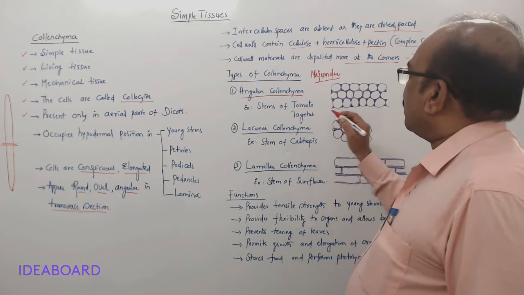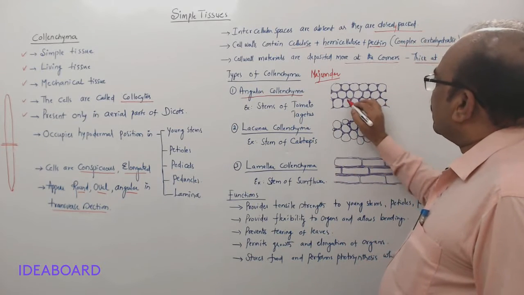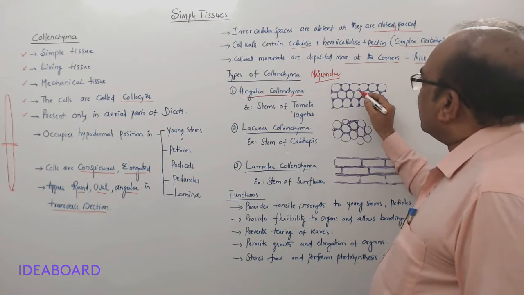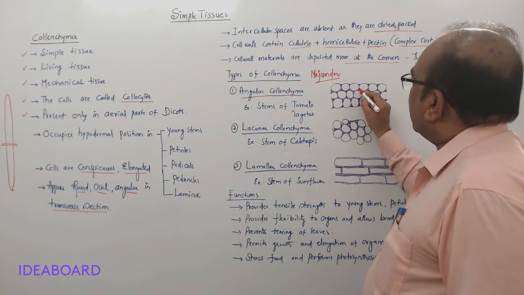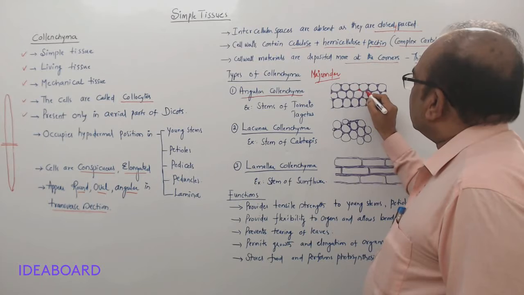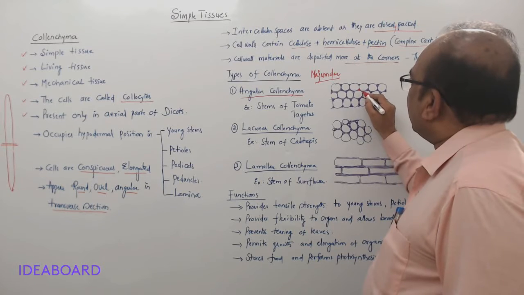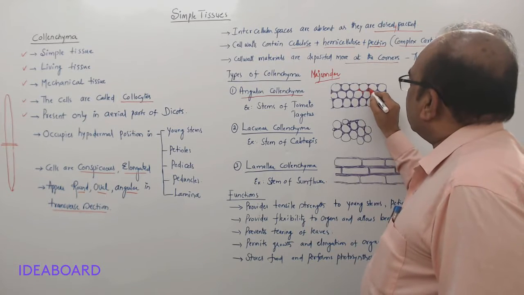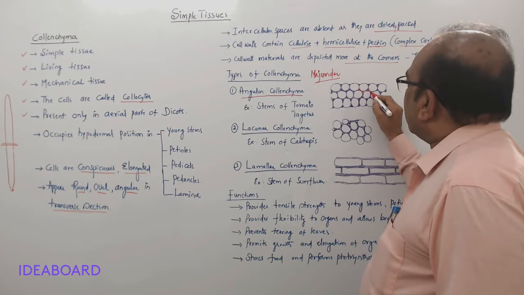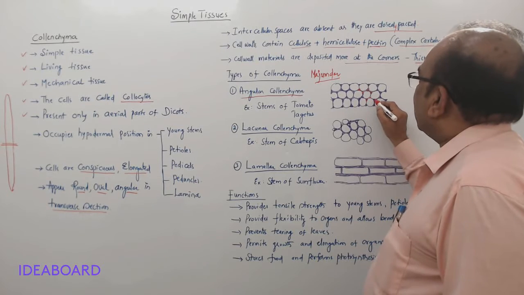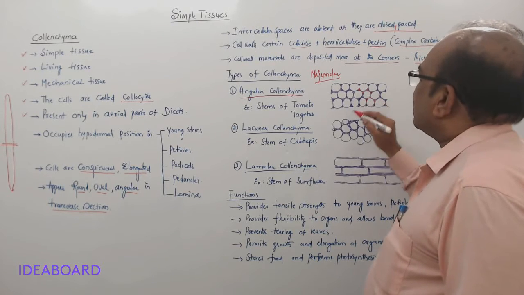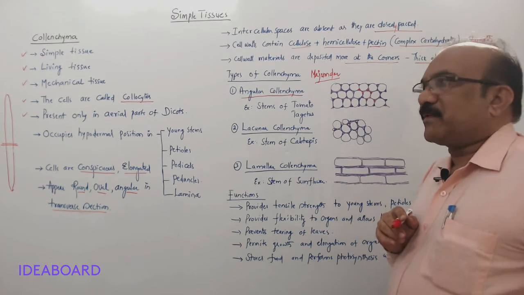In angular collenchyma, the cells are arranged irregularly, and you can see the corner deposition, so the intercellular space is completely filled with the cell wall material, and these intercellular spaces appear like triangles. That's why this is called angular collenchyma.